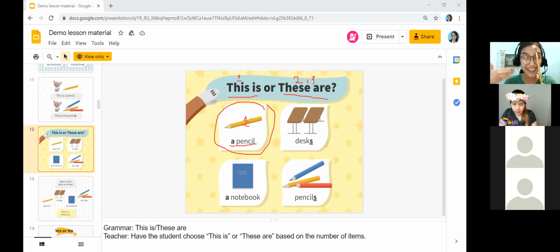This. This. This is a pencil. Good job. One, two.